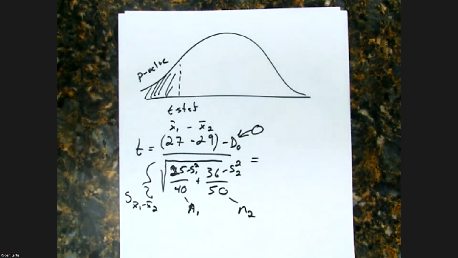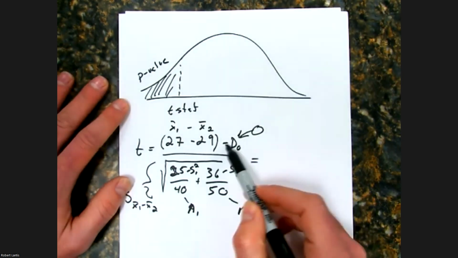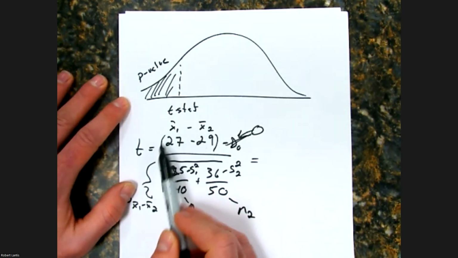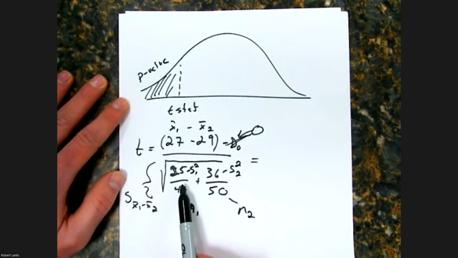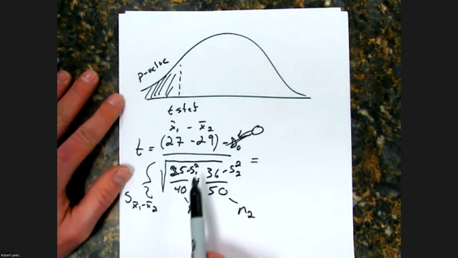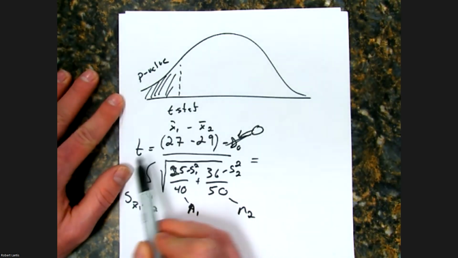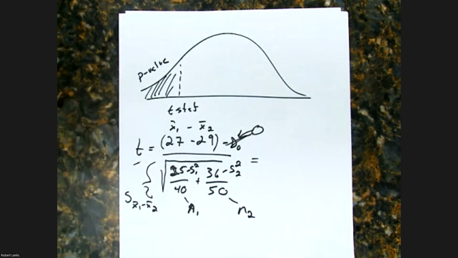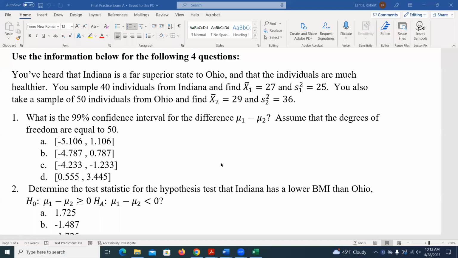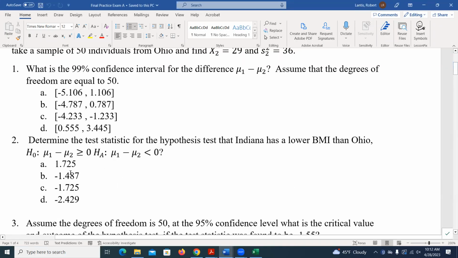So that's why I didn't even write it in there. Whatever the sign of that sample difference is, if our denominator is always a standard deviation, it's always positive, so the sign of our sample difference tells us the sign of our test statistic. So if I look here, I have 27 minus 29, so -2. So automatically, I can rule out answer A, right? I know it has to be a negative value.